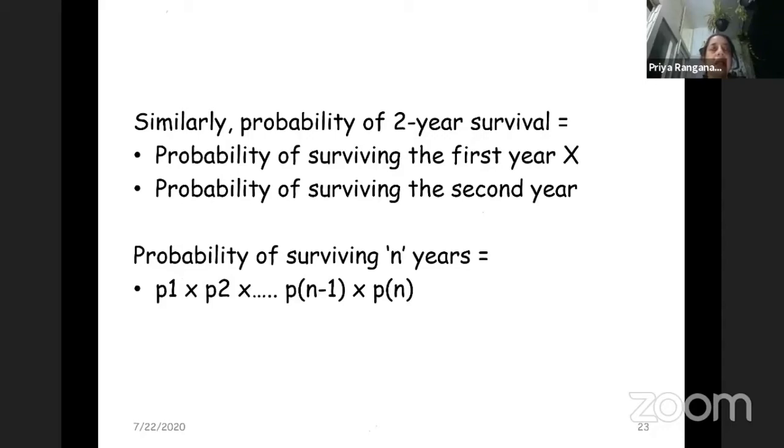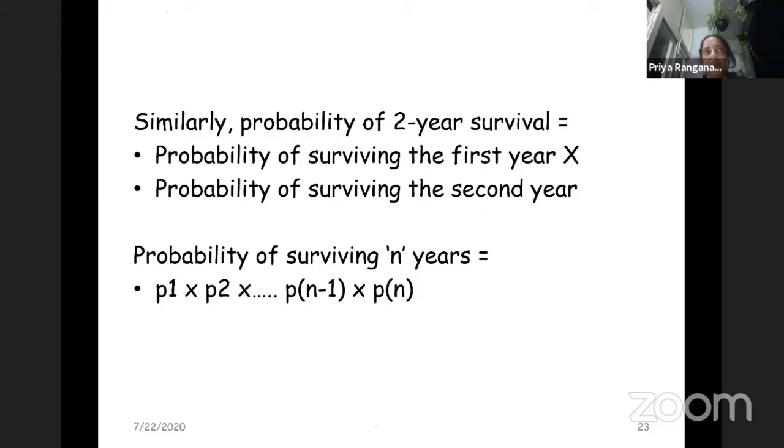This is how we calculate long-term survival. The probability of surviving 2 years after any disease is the probability of surviving the first year multiplied by the probability of surviving the second year. And the probability of surviving n number of years is P1 multiplied by P2, so on up to Pn.